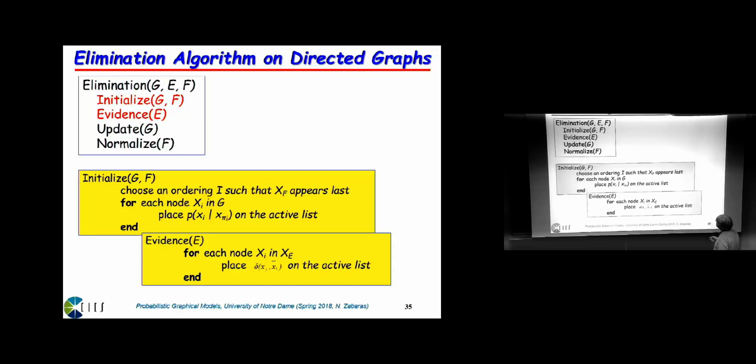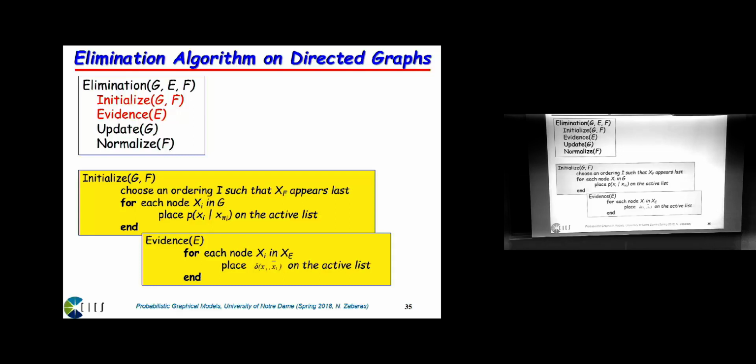So an elimination ordering, like before, let's say the probability of x1 given the evidence, right? You want the query nodes to appear last in the elimination order. And in the initialization for each node, you place the conditional probability in the active list of potentials.